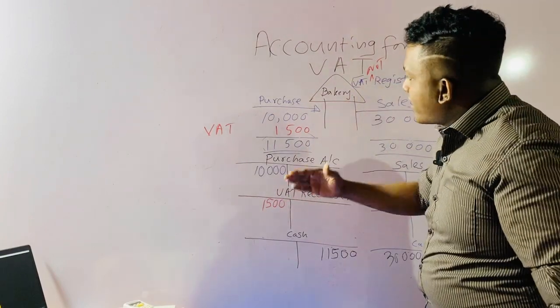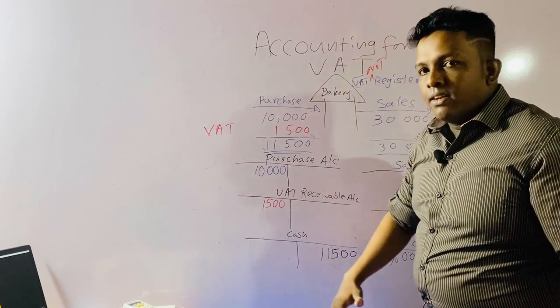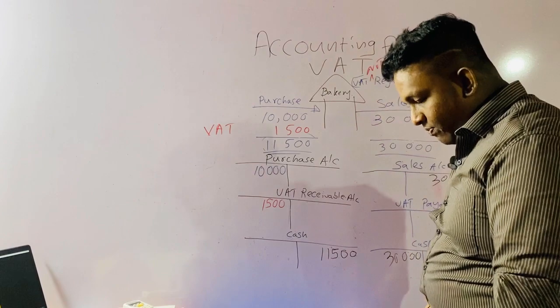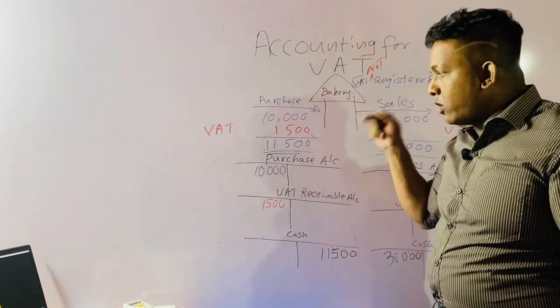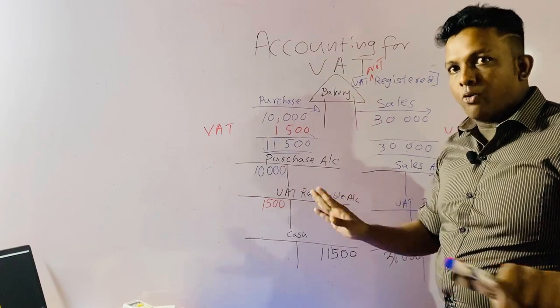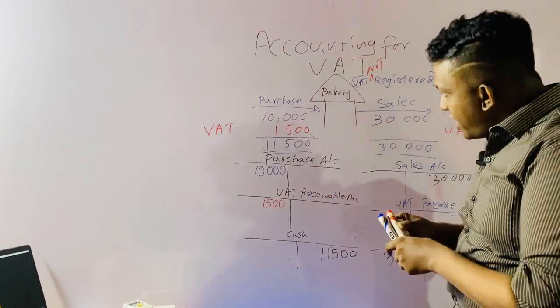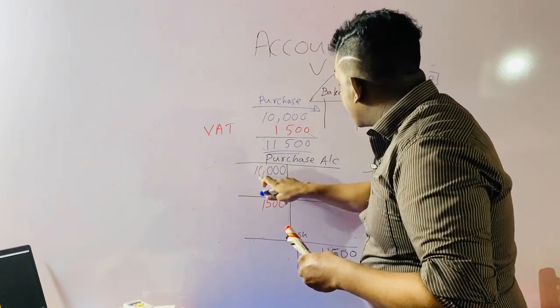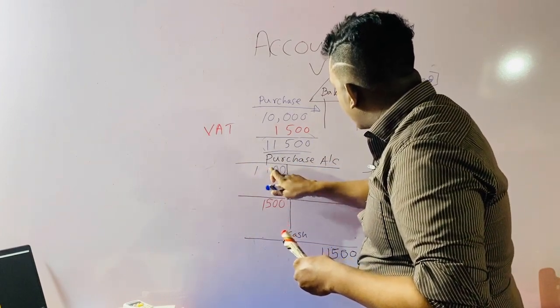Therefore, whatever the VAT we are paying as our input tax will be our cost. So instead of debiting to the VAT receivable, there will not be a VAT receivable account anymore, right? Straight we need to debit to the purchase account since it's our cost.